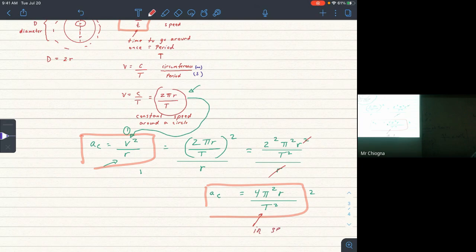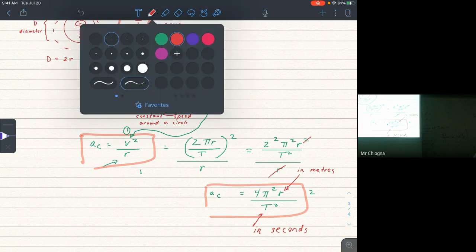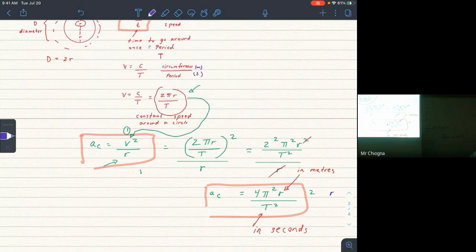And the radius in meters. You get the correct units. On top you'd get meters, on the bottom seconds squared, which is the unit for acceleration.